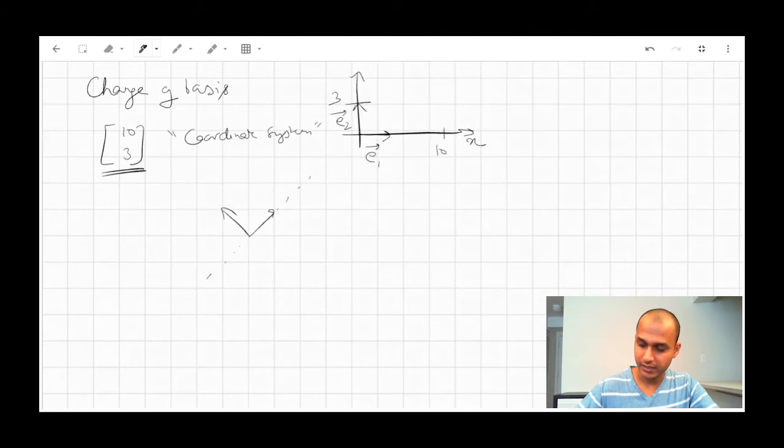This is my E1 vector, and this is my E2 vector, okay? So in this basis, under this coordinate system, I have 10 units to the right here, and 3 units to the top here, so this is the vector I am describing, okay. Whereas here I'm describing this vector, right?